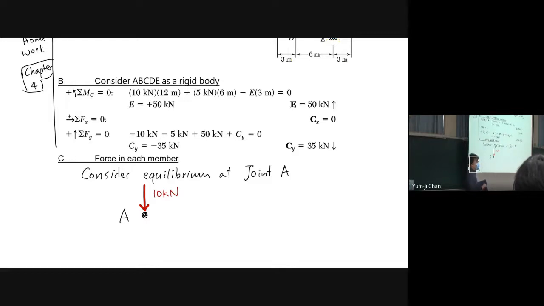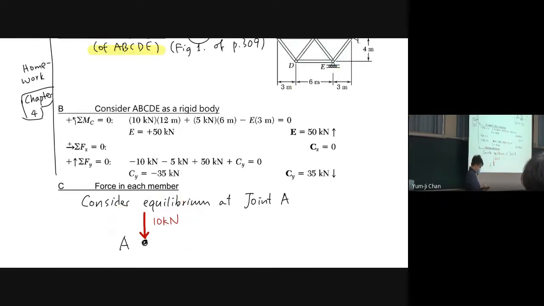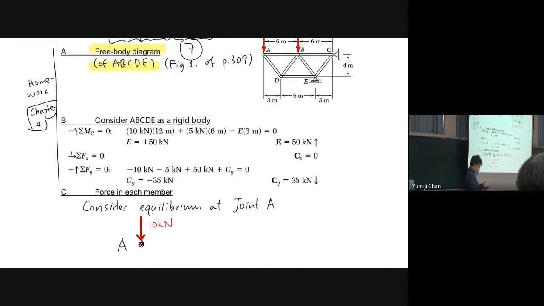Afterwards, the next step: which members connect to joint A? We look at this figure. Joint A is here.